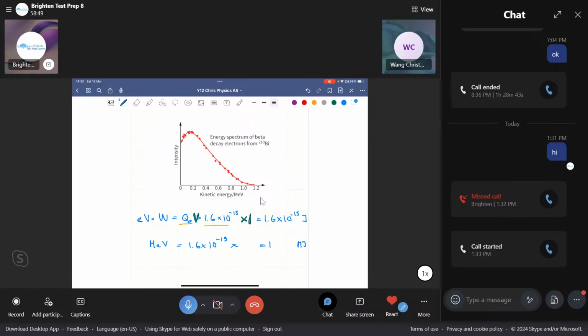Exactly, same thing. So 1 million, 10 to the power of 6. There's a very simple link at the end of the day. That means we had to apply 1,000,000 volts, which is really a lot, for that 1 electron. And that's the kinetic energy we get, because the electron gets accelerated as it goes from A to B within that potential difference.